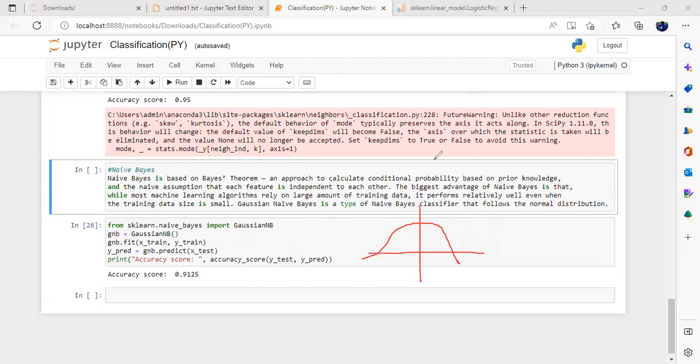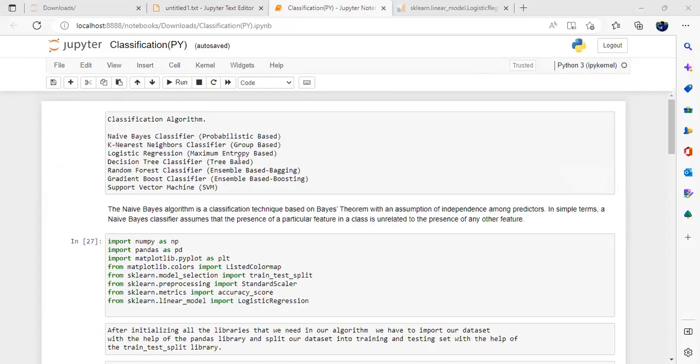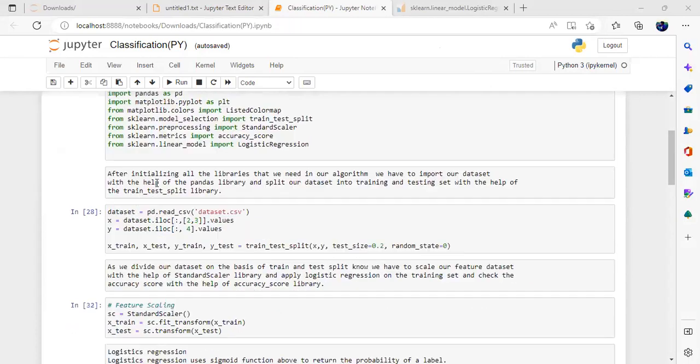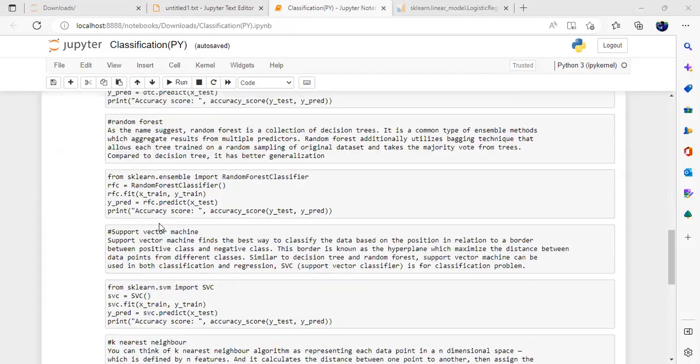So this is all about the brief introduction of every classification algorithm. It is not possible to cover all in 1 hour. So we will see the most important ones, like the SVM algorithm, decision tree or random forest. See, SVM is giving us more accuracy, right? And random forest is also giving us more accuracy.